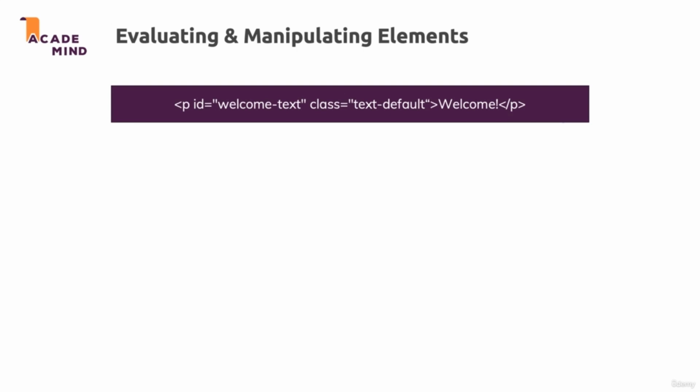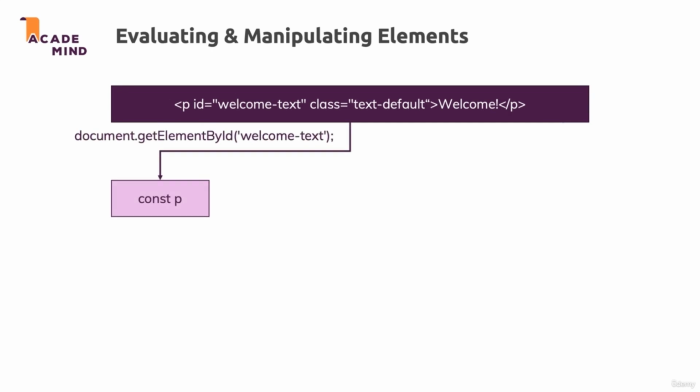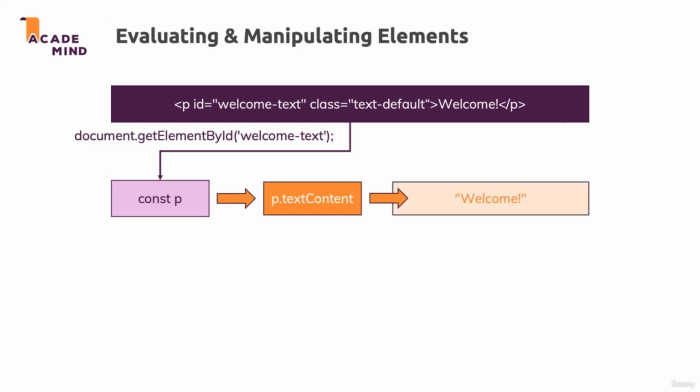So let's say we have a paragraph here with an ID and a CSS class and some text in there. And we selected this, for example, with getElementById, which we can of course do with that welcome text ID it has, and stored it in a constant. And now what can we do with that? Well, for example, we can read its text content, welcome in this case.